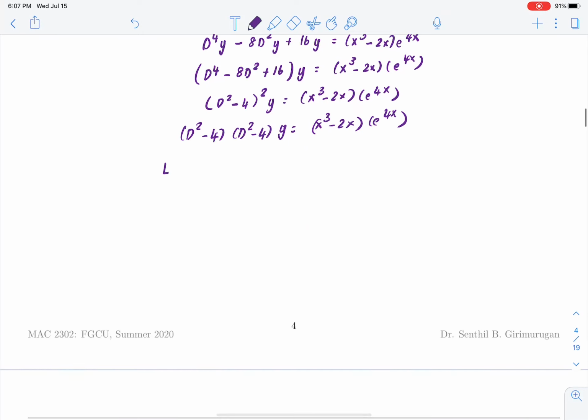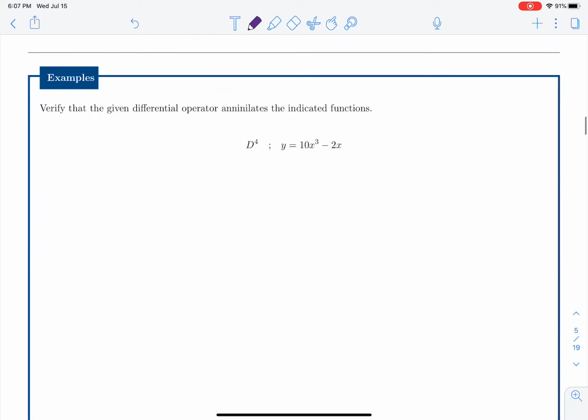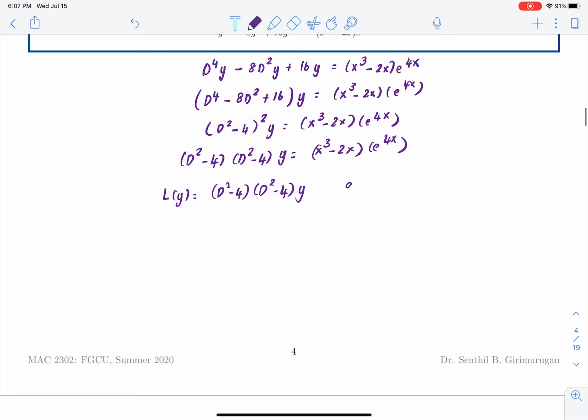So L of y is D squared minus 4 times D squared minus 4, y, and g of x is x cubed minus 2x e to the 4x.